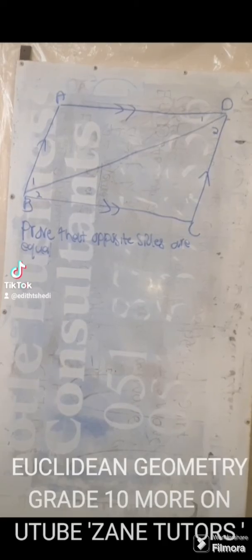They will give you an extra sheet where these shapes are drawn, and they're expecting you to add to that drawing. So if you are given an extra sheet and a parallelogram, you can bisect it when you are asked to prove that opposite sides are equal, because you have to have triangles in order to prove that the sides of this parallelogram are equal. You need to prove congruency. So that's what we are going to do now.